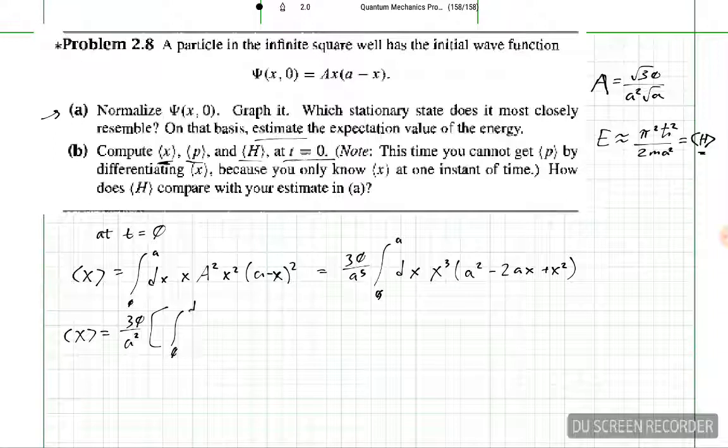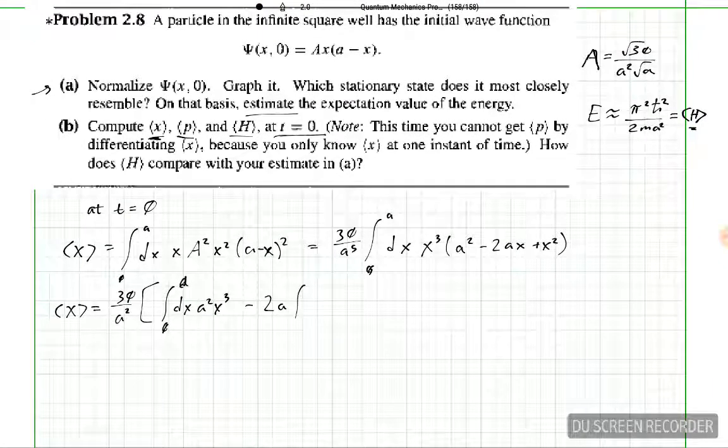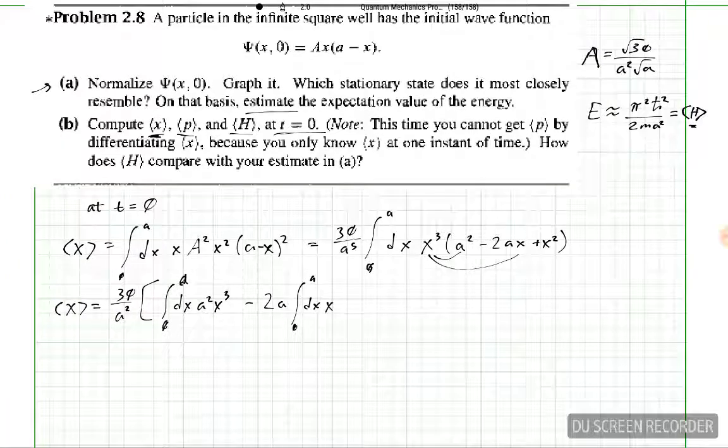So if I multiply these all out so that I can get 3 very easy integrals, I have a squared times x cubed minus 2a dx, and there's our first one. There's our second one, so that's going to be x to the fourth. And then our last one is just going to be dx x to the fifth.